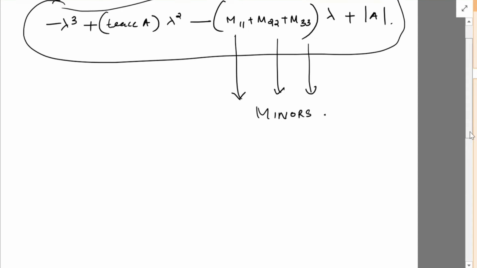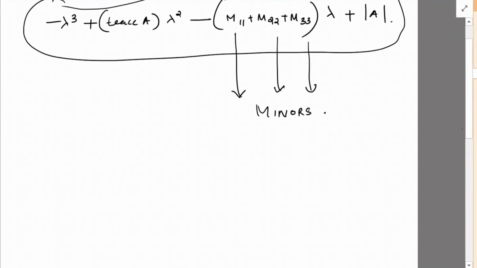How can we find M11? M11 is obtained by deleting the first row and first column from the given matrix and taking the determinant of the remaining elements. M22: we delete the second row and second column from the given matrix and take the determinant of the remaining elements.